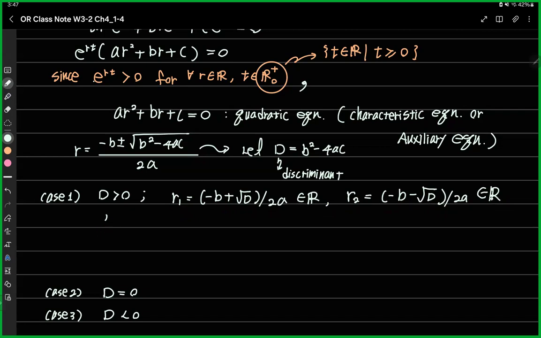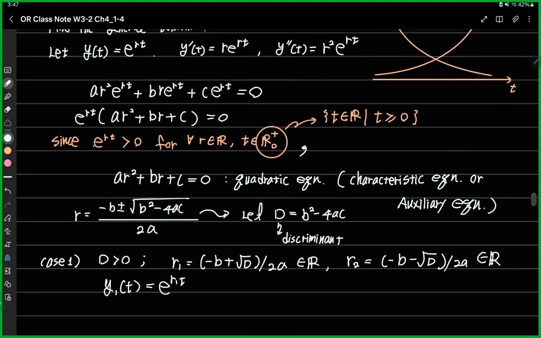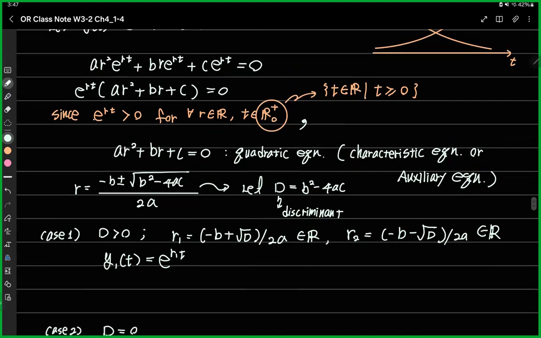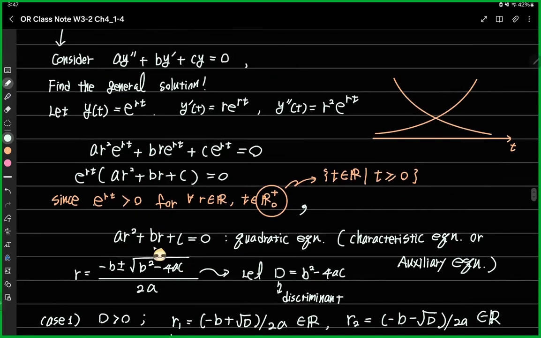So then let me say y sub 1 of t is e to the R1 t, which must be a solution to that differential equation, isn't it? Why? Because the characteristic equation has a solution, which means that this differential equation has a solution.